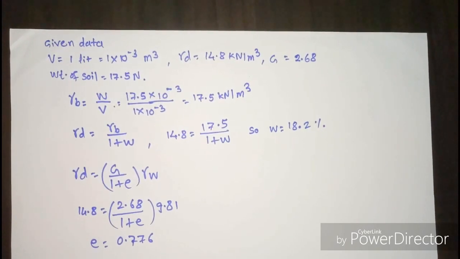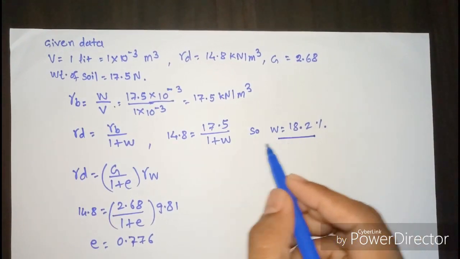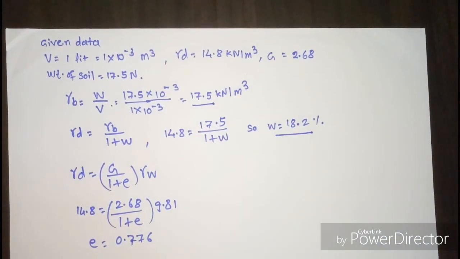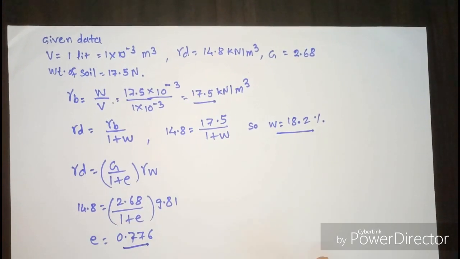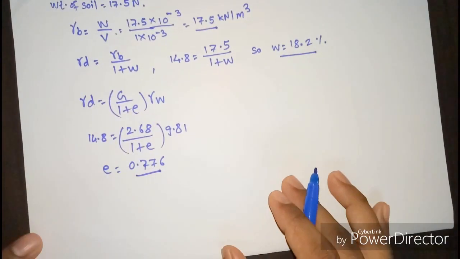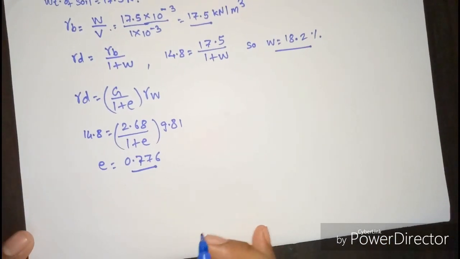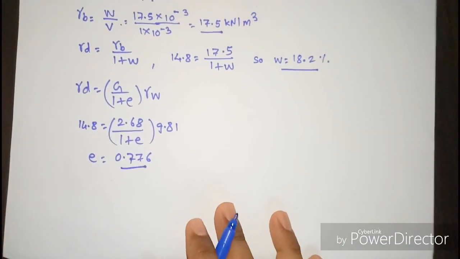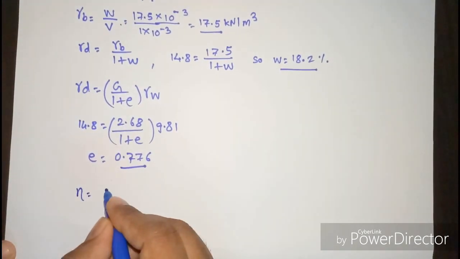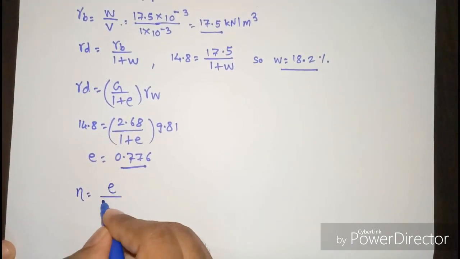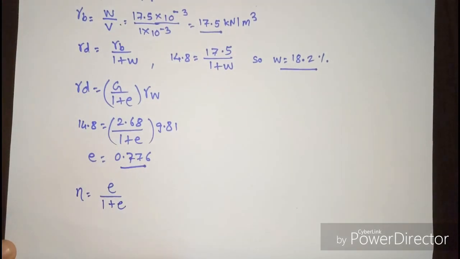Okay, till now we have calculated water content, bulk unit weight and void ratio. Now we will calculate porosity. We know the relationship between void ratio and porosity. So we have void ratio. To calculate porosity, n is equal to E upon 1 plus E. E is the void ratio.